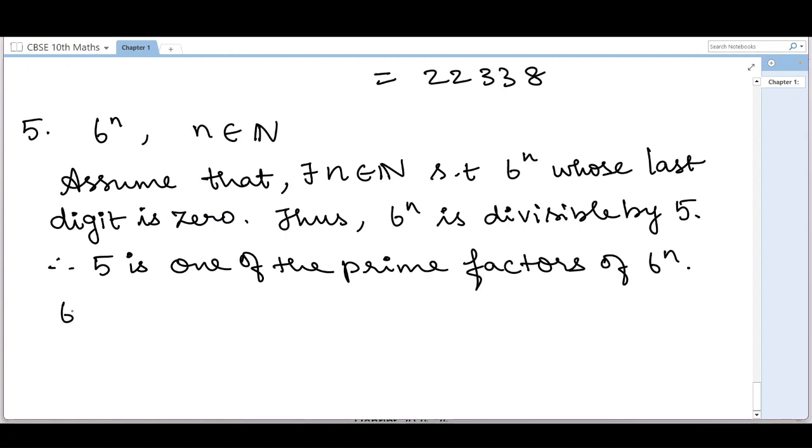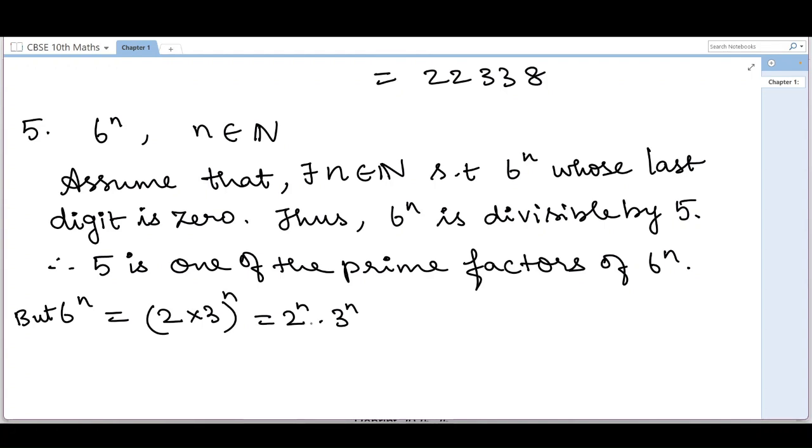Okay, but 6 power n can be written as 2 into 3 whole power n, which means 2 power n into 3 power n. So here we don't have 5 in the prime factorization of 6.